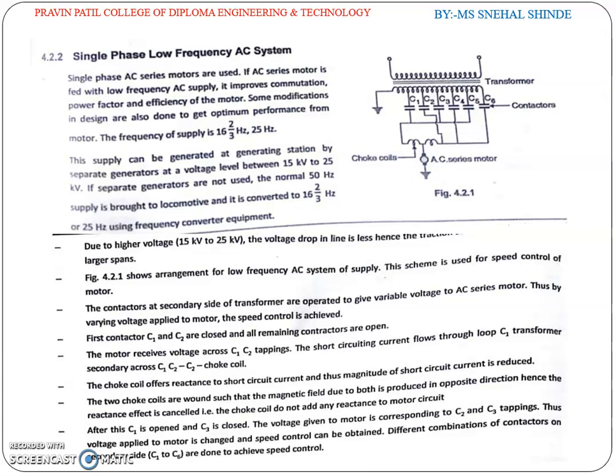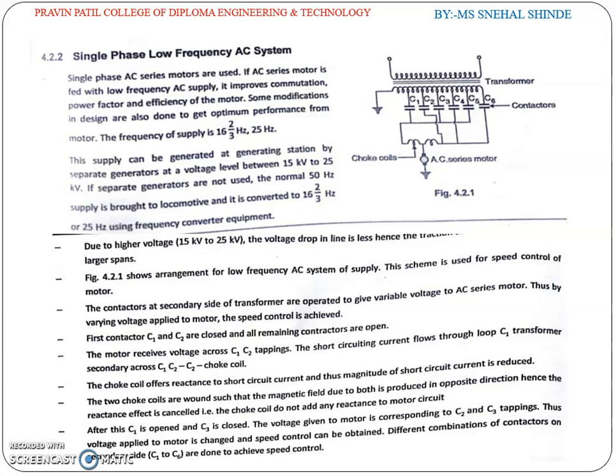The two choke coils are wound such that the magnetic field due to both is produced in the opposite direction. Hence the reactance effect is cancelled out. That is, the choke coils do not add any reactance to the motor circuit.